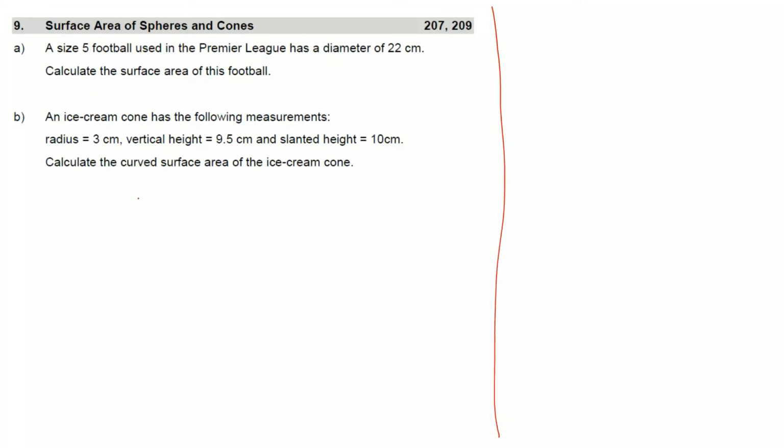Okay, so question 8. A size 5 football used in the Premier League has a diameter of 22 centimeters. Let me draw a picture then. Remember, a football is obviously a sphere, a ball, and it's got diameter 22 centimeters. But the diameter is all the way across from edge to edge through the center. Find the surface area. Now, in lessons we showed that the surface area of a sphere is 4 times pi times r squared, where r is the radius.